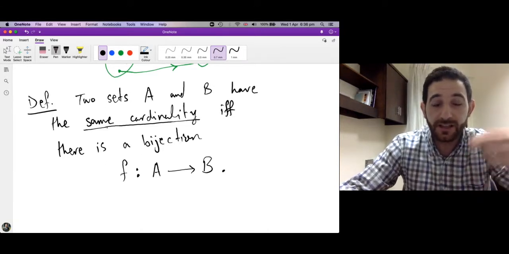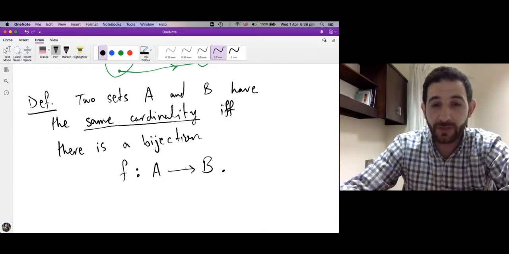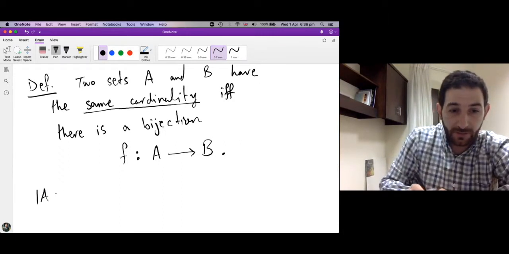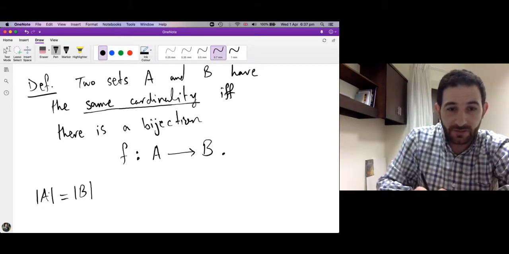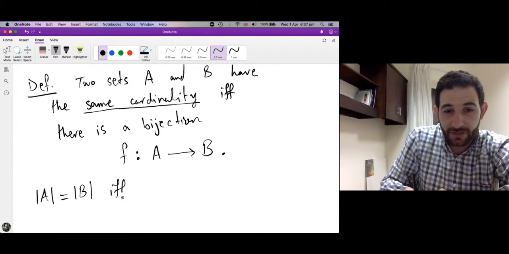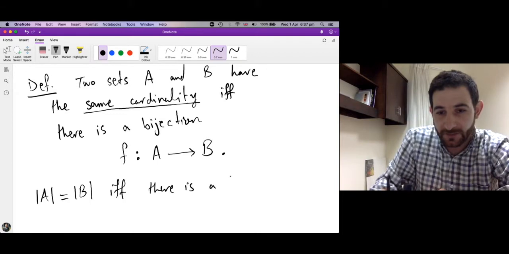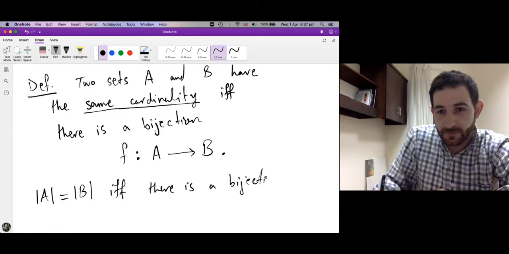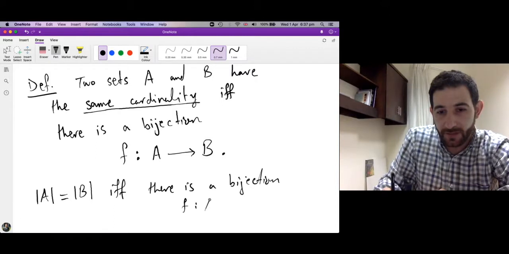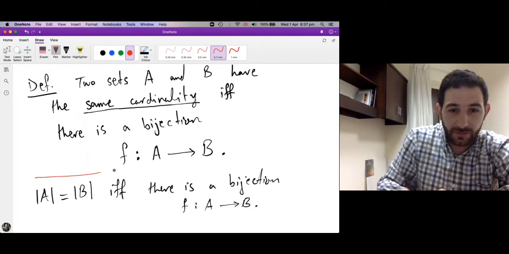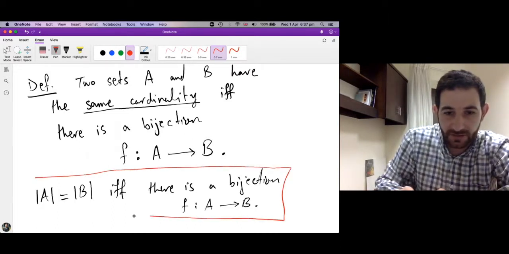It exactly means that we can find at least one bijection f from A to B. The notation is: the cardinality of A is equal to the cardinality of B if and only if there is a bijection f from A to B. So this is a definition. It is the same as I said, but written in symbols.